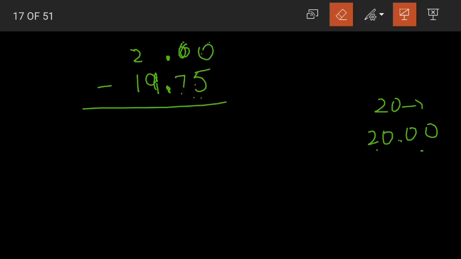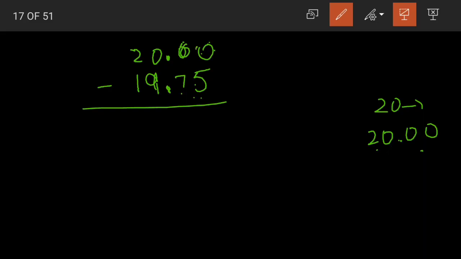Now coming to the subtraction part, as we have added, the same thing we will do with the subtraction as well. We'll subtract the numbers normally. See, 0 minus 5. Yes, 0 minus 5 is not possible. So we have to borrow.